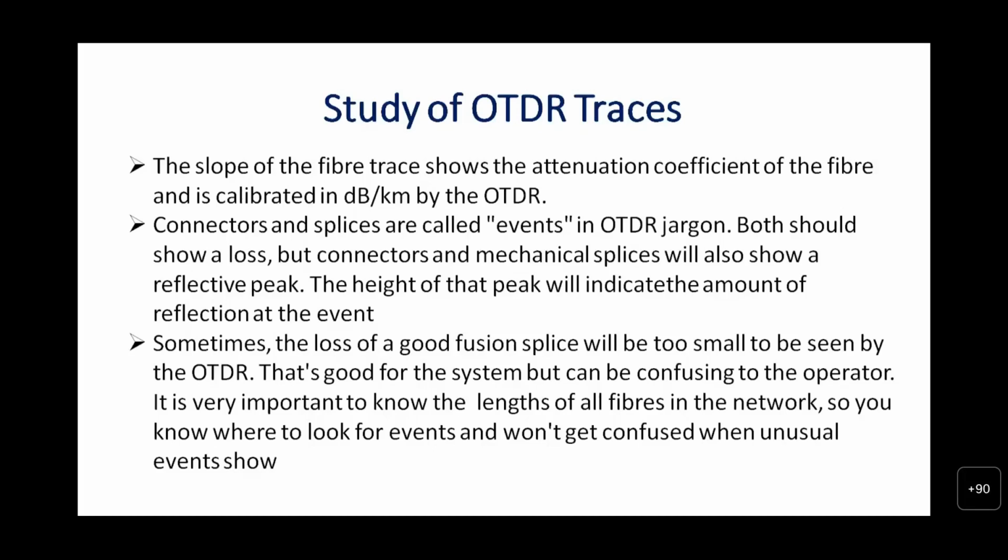The height of that peak will indicate the amount of reflection at that event. Sometimes the loss of a good fusion splice will be too small to be seen by the OTDR. That's good for the system, but can be confusing to the operator.